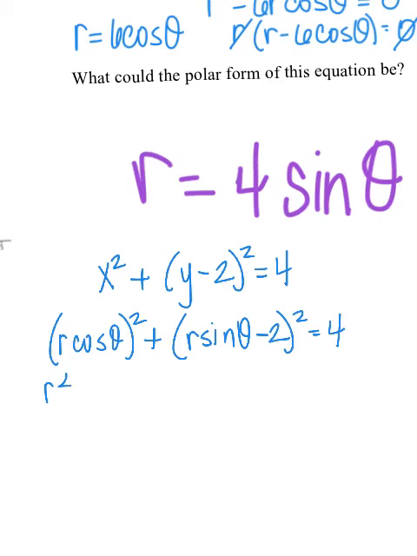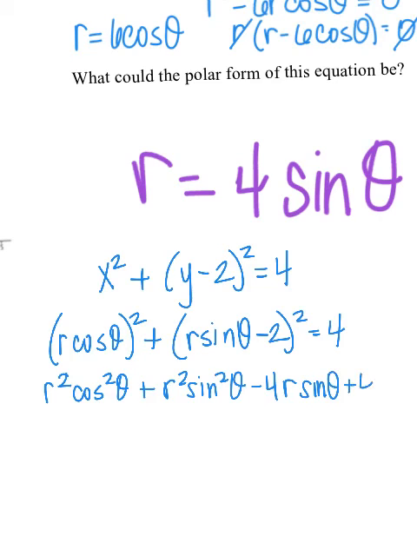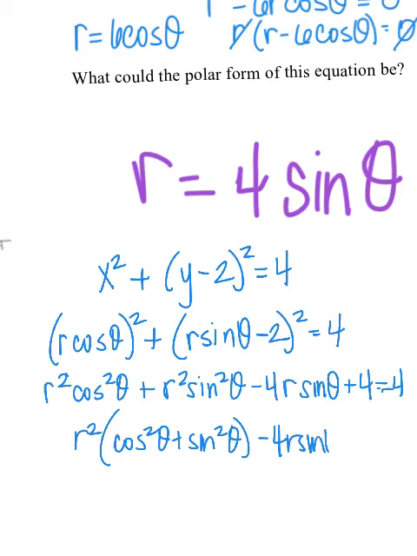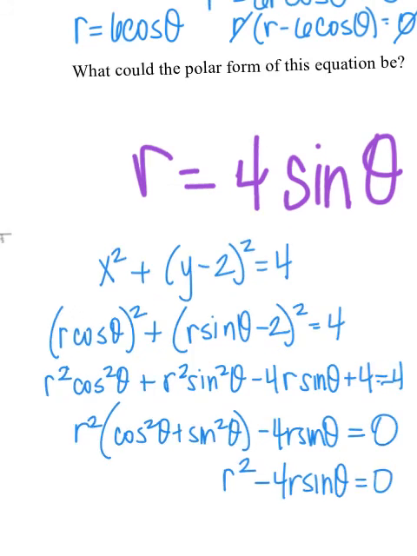So that would give us r squared cosine squared of theta plus r squared sine squared of theta minus 4r sine theta plus 4 equals 4. Go ahead and factor out that r squared. Subtract that 4 to the other side to get 0. So now we have r squared minus 4r sine of theta equals 0.